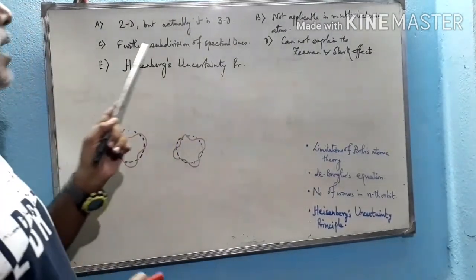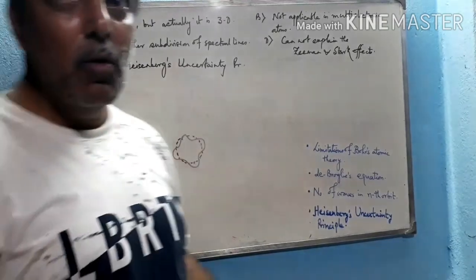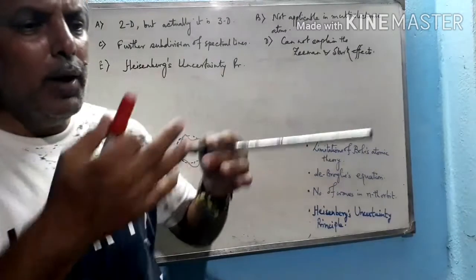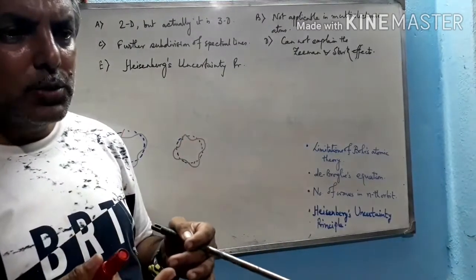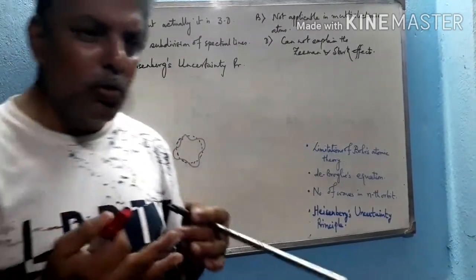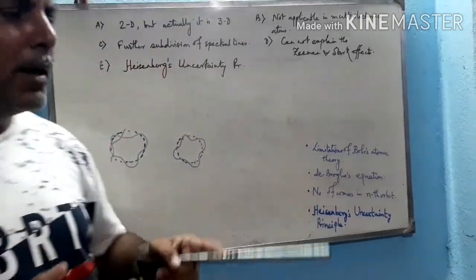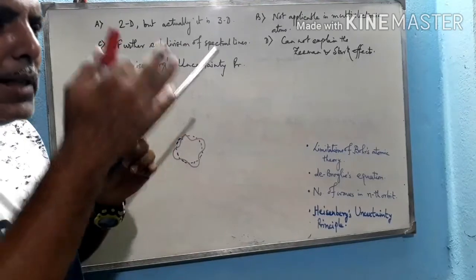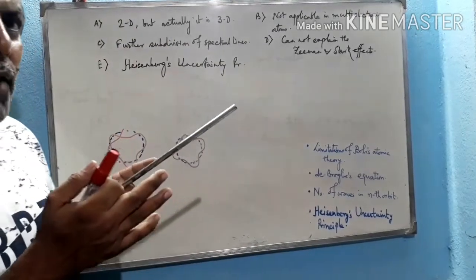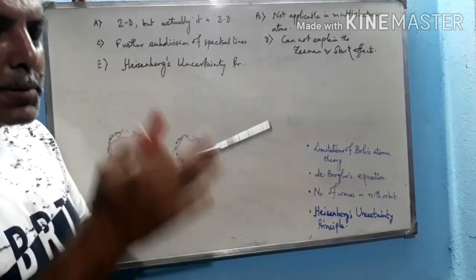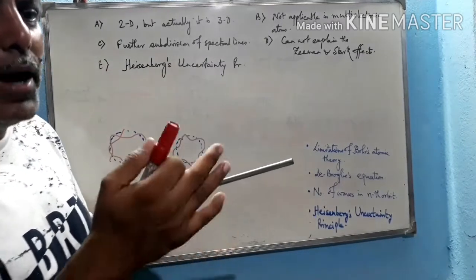Now third, further subdivision of spectral lines. What does it mean? When we observe the spectral lines with a more delicate instrument, a spectrometer, we can see that a single line is further subdivided into finer lines.